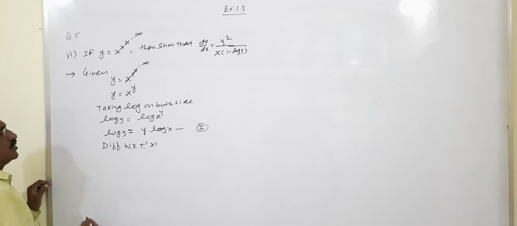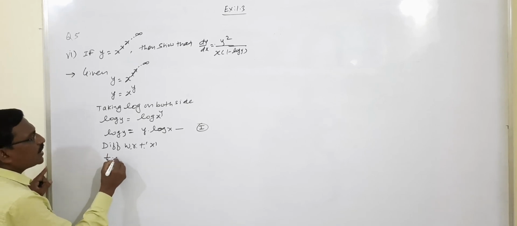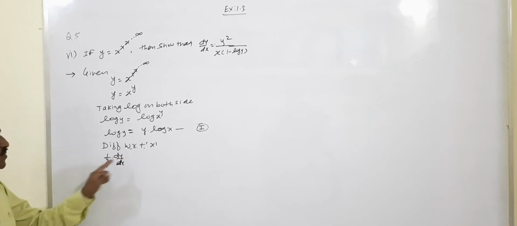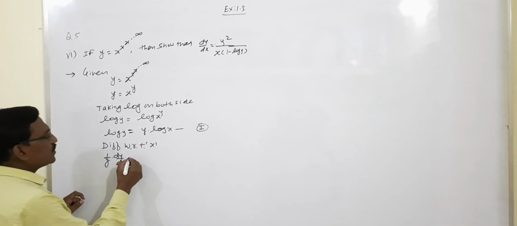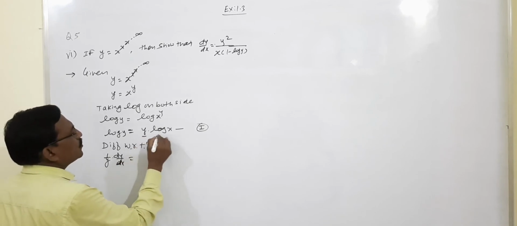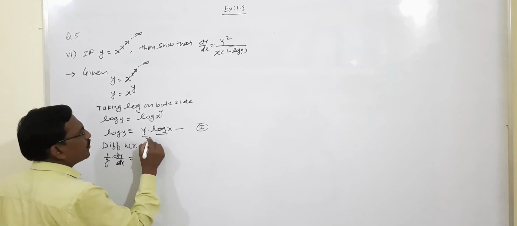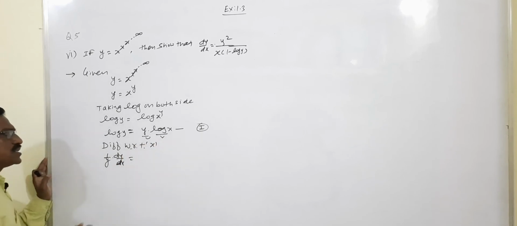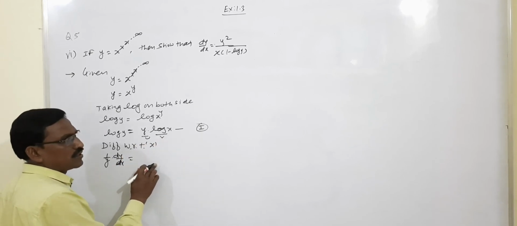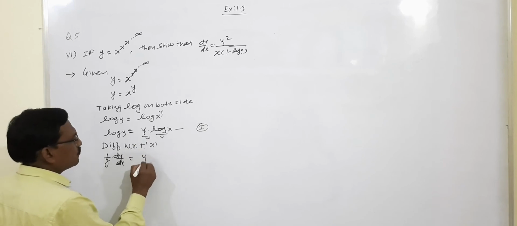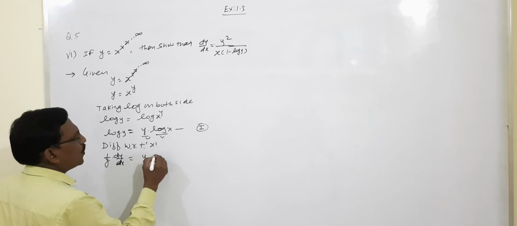Now we differentiate it with respect to x. We get the derivative of log y is 1 by y into dy by dx, is equal to, here we use the product rule of differentiation, u as it is into derivative of v plus v as it is into derivative of u. U as it is means y as it is into the derivative of log x.